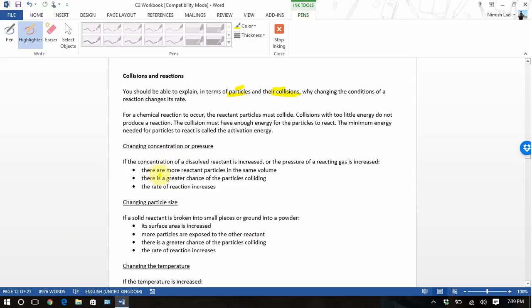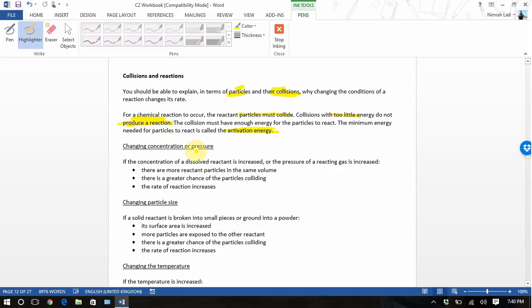So when chemical reactions take place, particles must collide. The collisions with too little energy do not produce a reaction. So collisions must occur with sufficient energy. So the collision must have enough energy. The minimum energy needed for a particle to react is called the activation energy. So it has to have at least the activation energy for a reaction to happen.